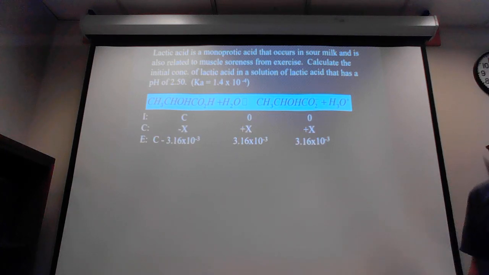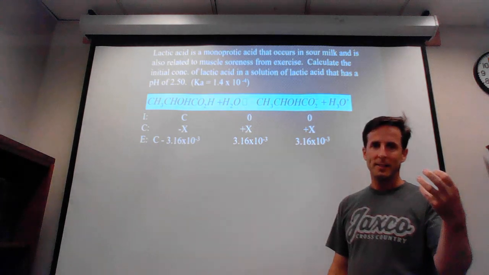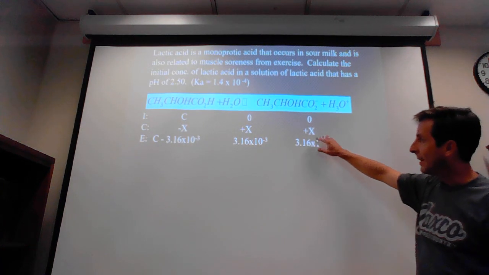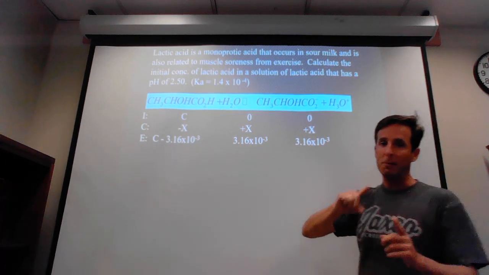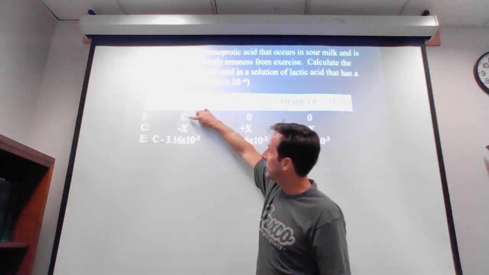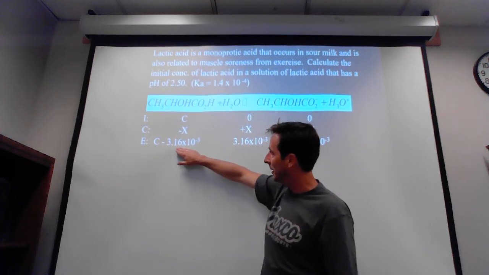When I fill in my table, this time, again, I can use the pH to find the H plus. That goes under this one right here. Again, that tells me what the X's are, so I know everything in the table, except for this time I want to know the initial concentration of the acid. So I'm solving for C right here, but C minus X ends up giving me this.